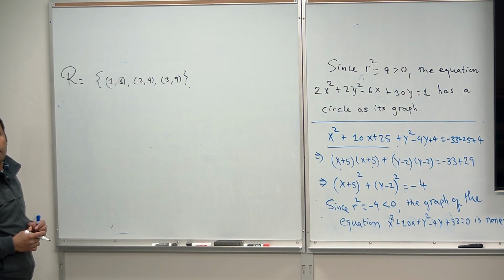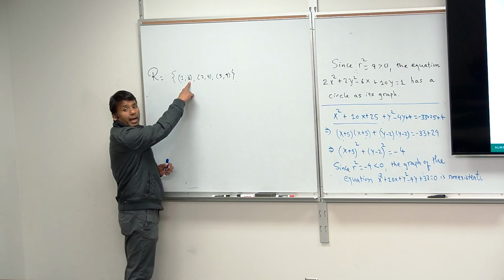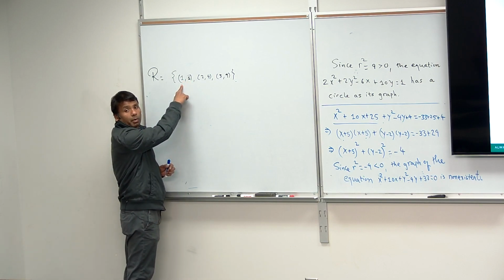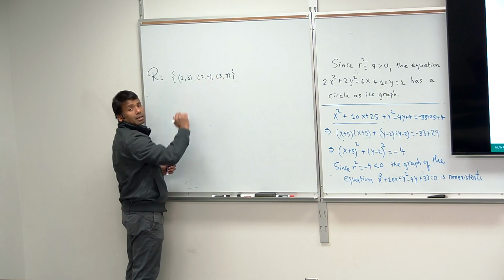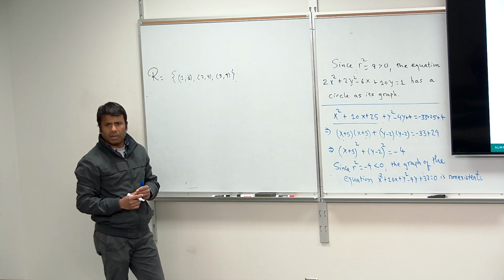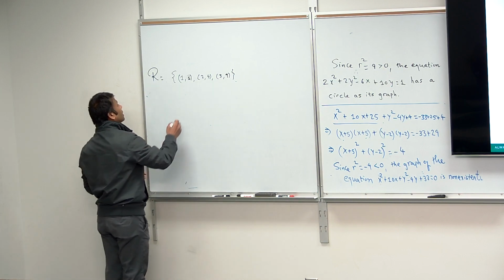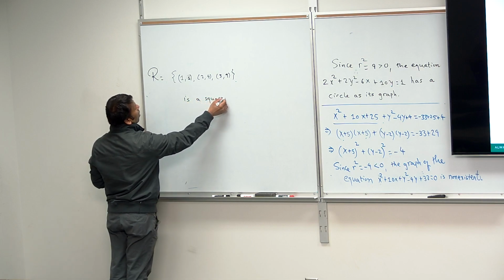You see here the second component, which is y, is the square of the first component. This 1 is the square of 1, this 4 is the square of 2, this 9 is the square of 3. That makes sense? So the relation here is "is the square of."